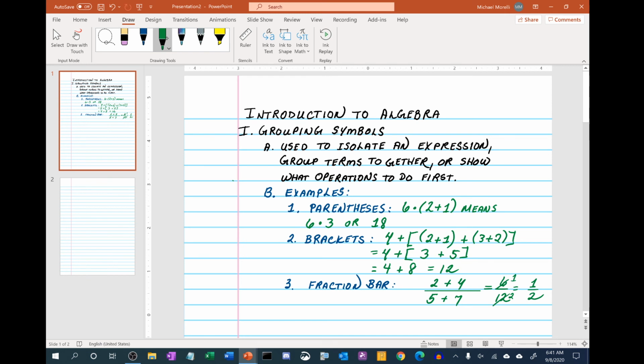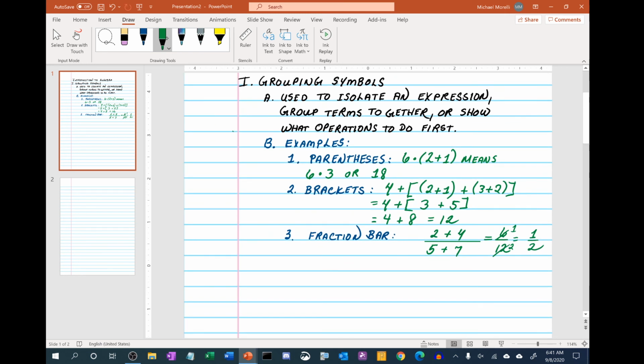Okay, the final type of grouping symbol is called braces. Some people call these curly cues, but here's what they look like.